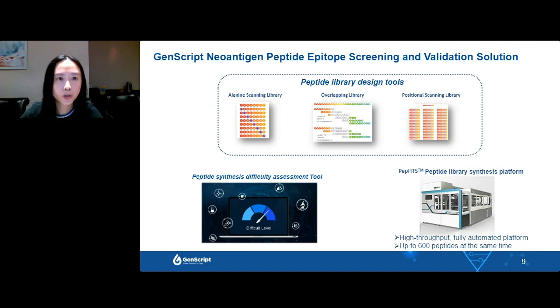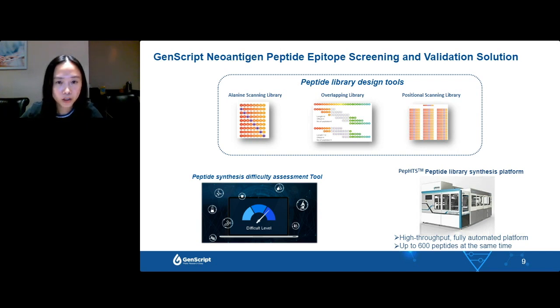And the GenScript new antigen peptide solutions, like is listed here: you can find the free design tools online, including these 3 listed here, and we have 7 in total, and these 3 are usually common for vaccines when making the peptide library design. And after you designed it, you have another tool to evaluate the difficulties for synthesis.